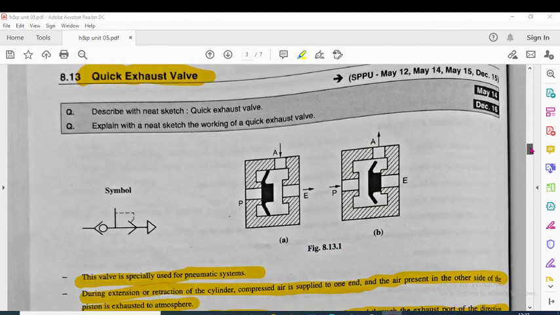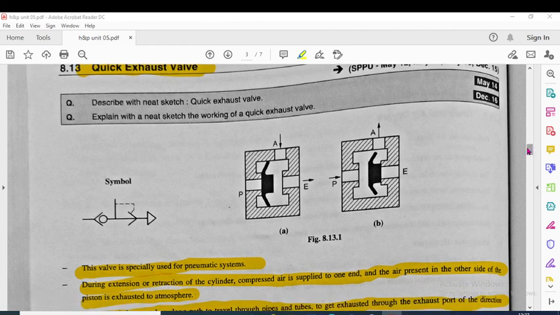So here, what is happening? This A is the cylinder port. This P is the inlet port, meaning air comes this way when we need extension or retraction.